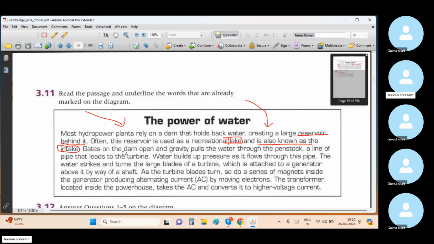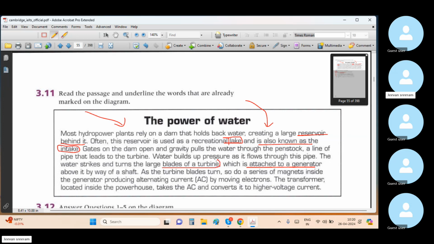Yes, gates on the dam open, gravity pulls the water through the penstock, a line of pipe that leads to the turbine. Water builds up pressure as it flows through this pipe. The water strikes and turns the large blades of the turbine, which is attached, sorry, attached to a generator. What attached?